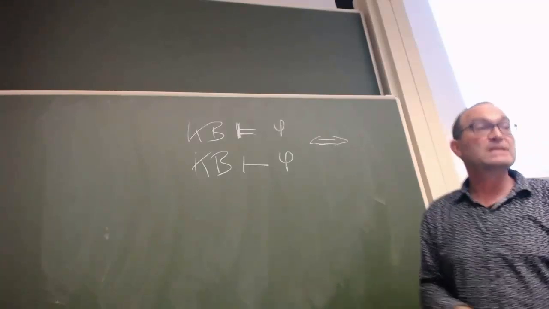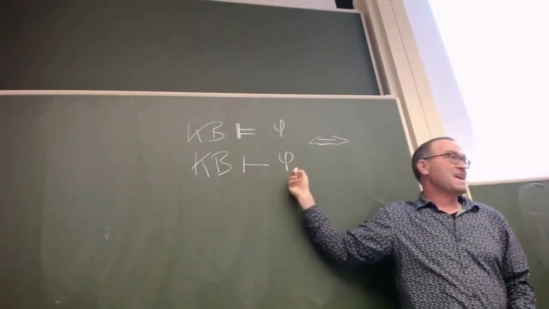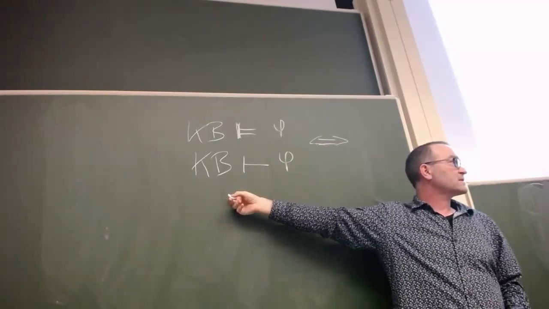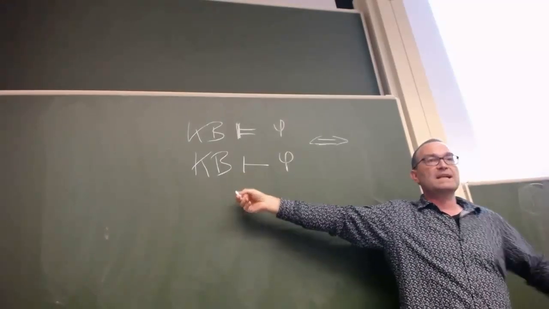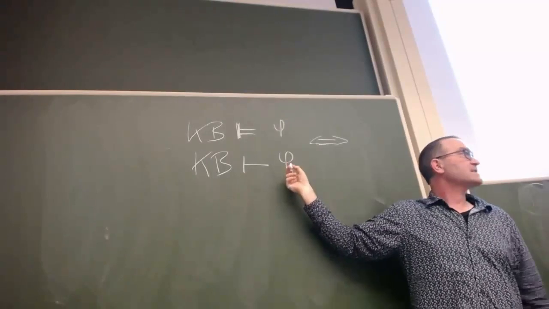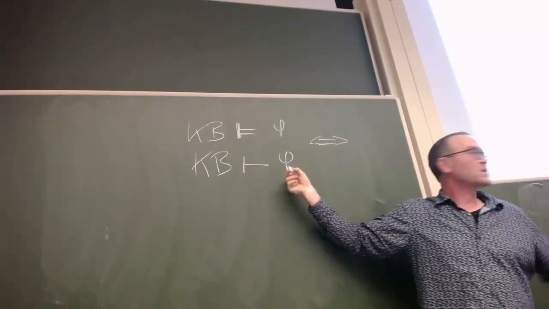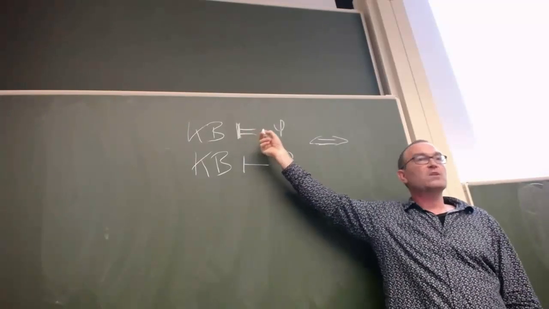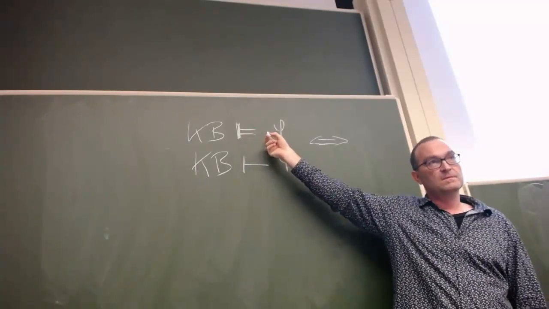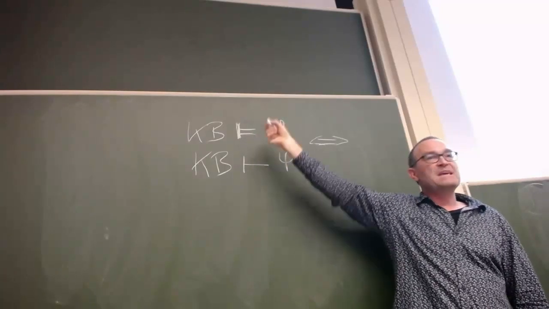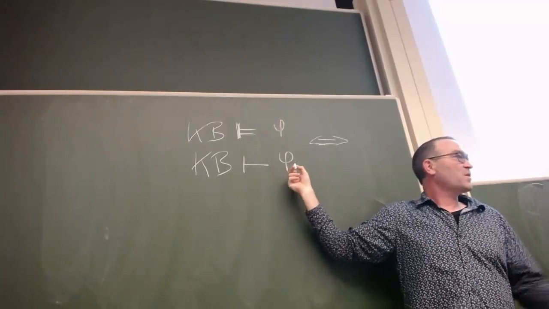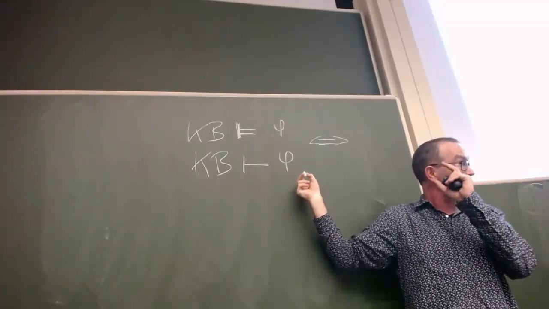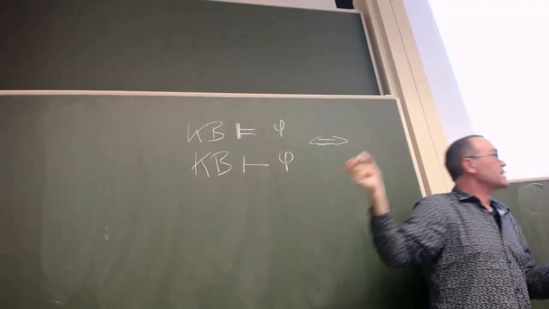The notion of soundness is that whenever my algorithm tells me, yes, phi follows from the knowledge base, then it is also true. It only gives true answers. There might be formulae phi for which it doesn't give the right answer.